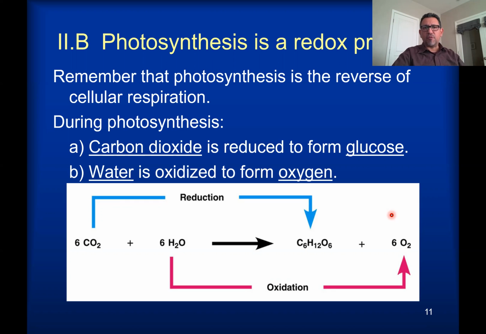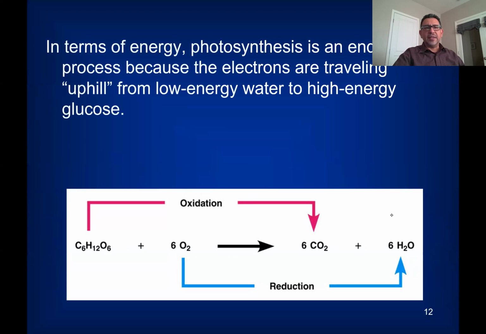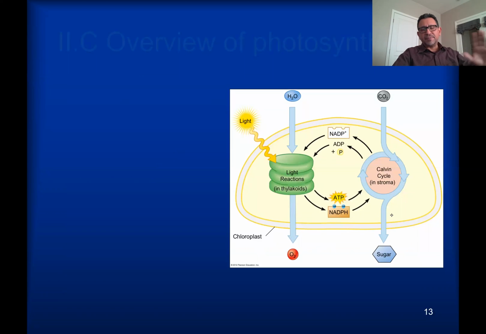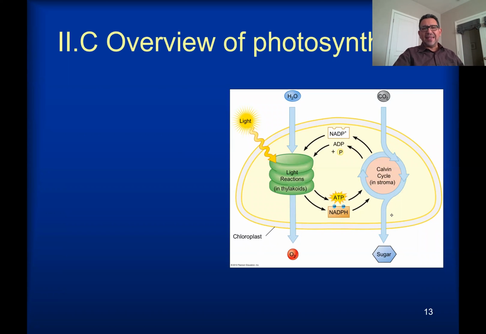So remember, from a redox point of view, in photosynthesis, carbon dioxide is reduced to form glucose and water is oxidized to form oxygen.